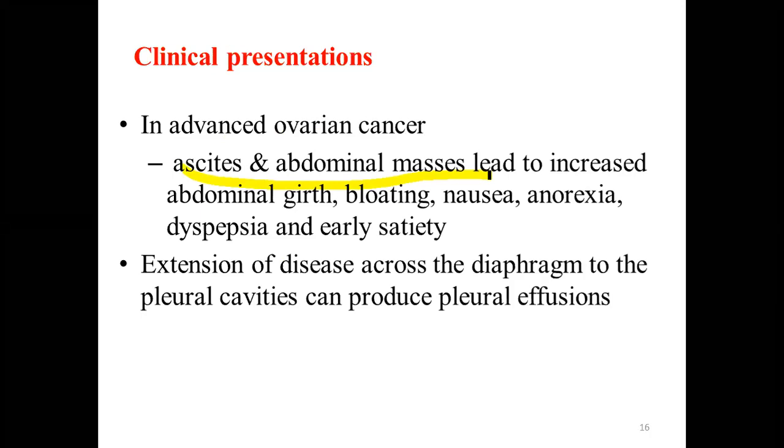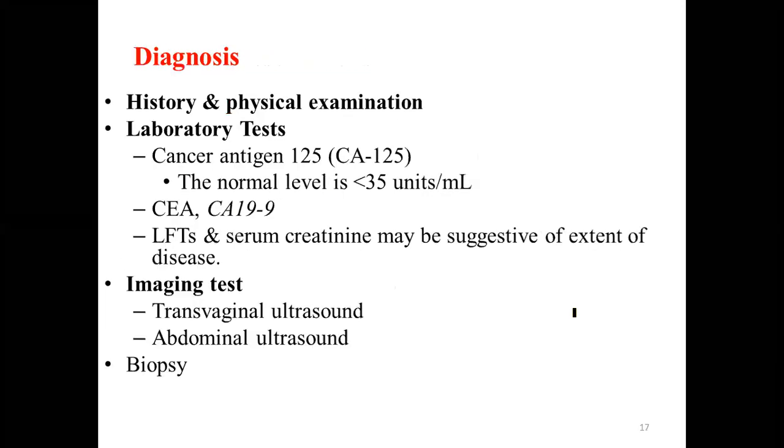This is when the disease is very advanced and involves the liver. Then it can even extend to the diaphragm and produce pleural effusion. So those are some of the symptoms that can happen in advanced stage.